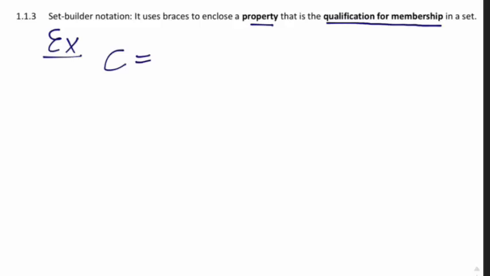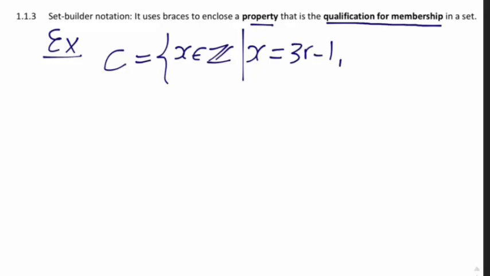Example: let C be the set of all integers, the set of all x in Z, that means element of Z, the set of integers, such that x equals 3r minus 1 for some integer r.